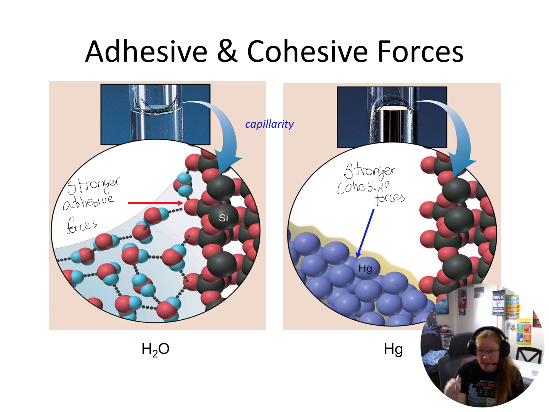The oxygens can hydrogen bond with the hydrogens in water. But in mercury, there is no hydrogen bonding. The only thing the mercury is attracted to is itself because of the metallic bonding. And so it doesn't interact with the walls of the test tube at all. And so it balls up on itself and has stronger cohesive forces.